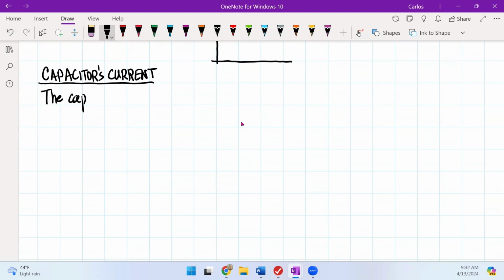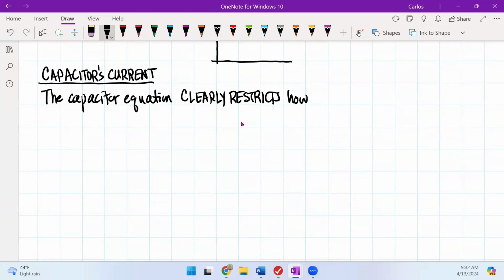The capacitor equation clearly restricts how the voltage cannot change instantly.